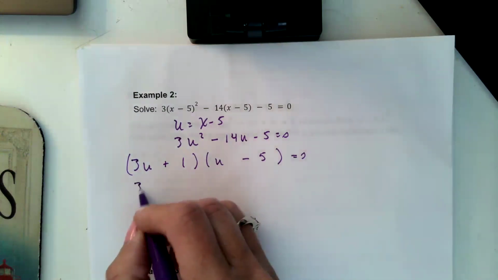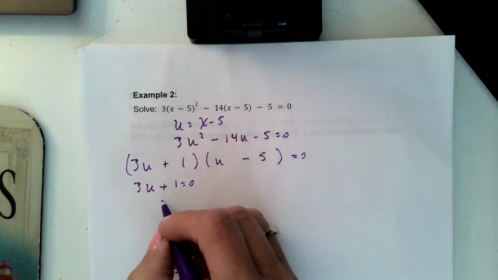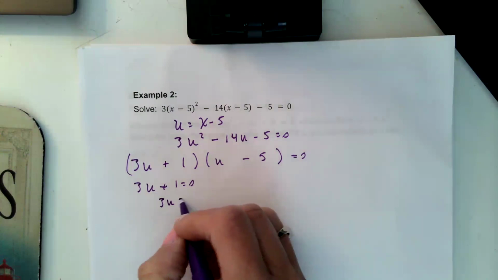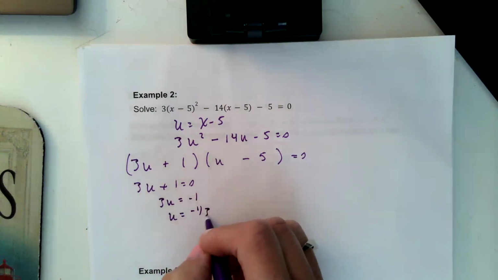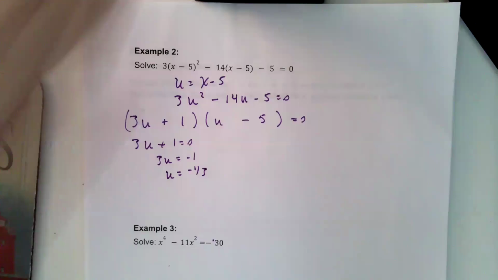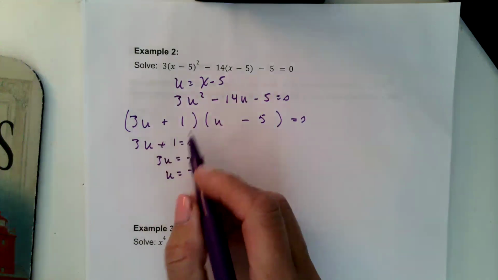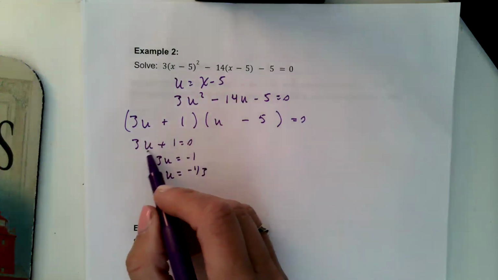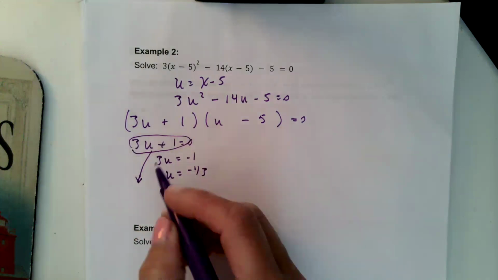And so then we can set 3u plus 1 equal to 0. So 3u equals negative 1, and u equals negative 1/3. But u actually equals x minus 5, so we could have even done it in this step so we don't have to deal with fractions.